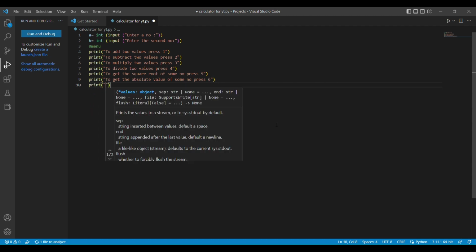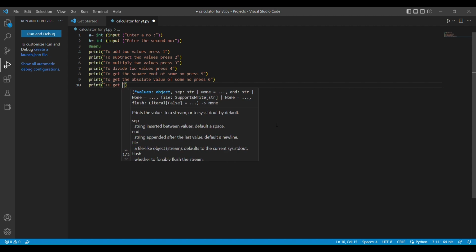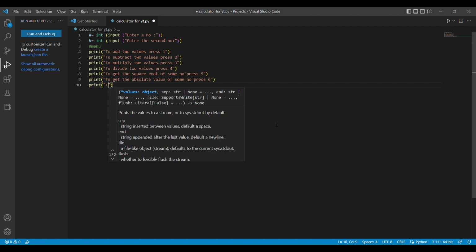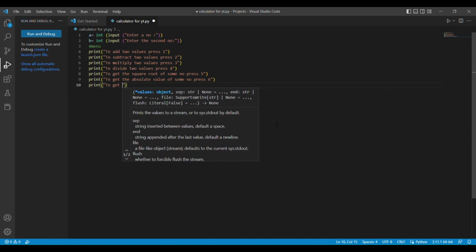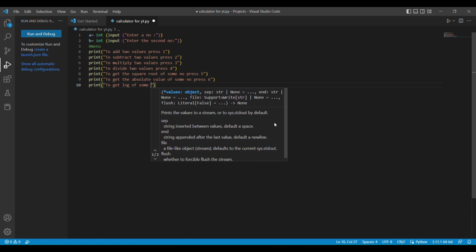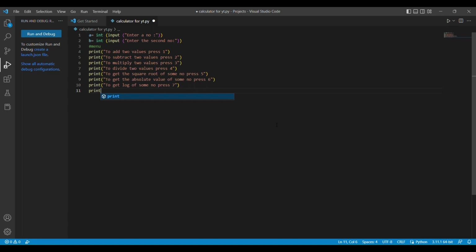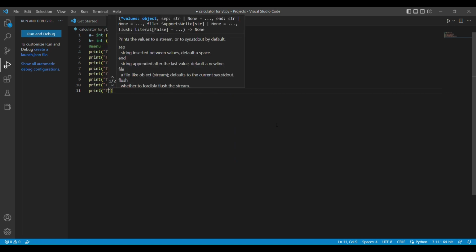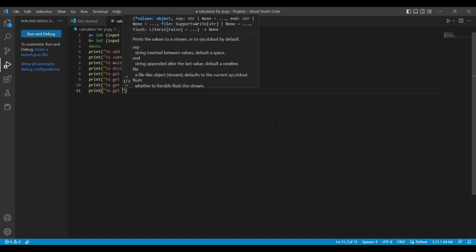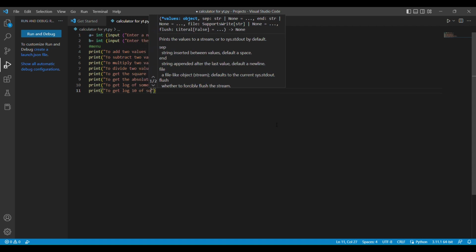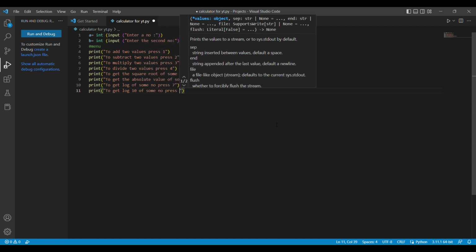The seventh one would be to get the log of some number. Press 7. Then the eighth one will be to get the log10 of some number. Press 8.